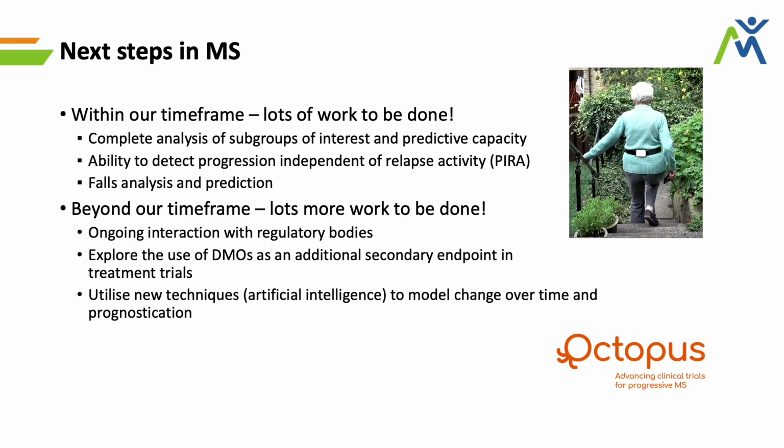Beyond the time frame of the study, there's a lot to be done as well. So we would need to continue with our discussions with the regulators. We thought it's important for us to use DMOs as secondary outcome measures in clinical trials, and we've already started that.